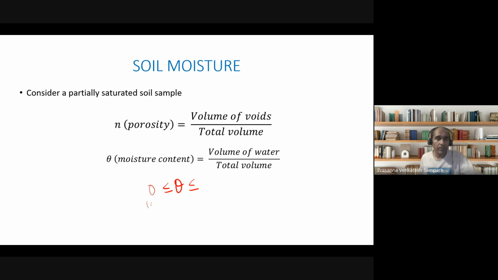This is a dry sample. And if my soil is perfectly saturated, theta will be equal to porosity n, because for a perfectly saturated sample, the volume of water must be equal to the volume of voids. So theta will become equal to n if the sample is fully saturated. And if it's completely dry, then my theta value will be 0.